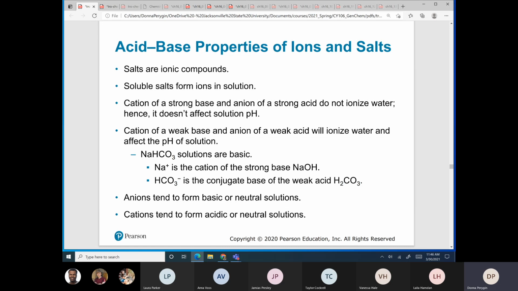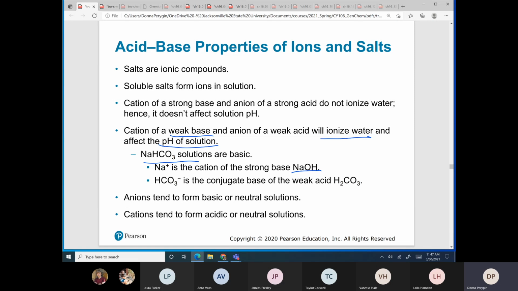So the cation of a weak base will ionize in water and affect the pH of the solution. Sodium carbonate solutions are basic because sodium is the cation of the strong base, sodium hydroxide, and carbonate is the conjugate base of the weak acid, carbonic acid.